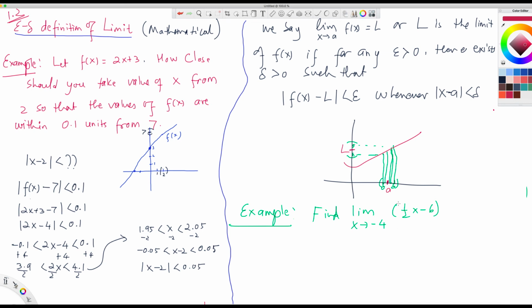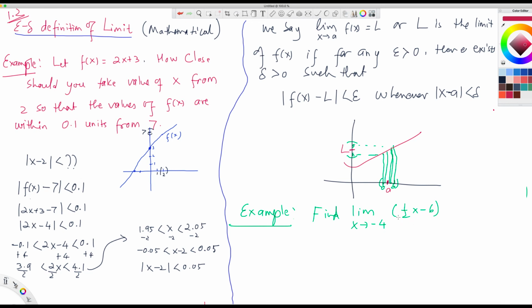We will see that in detail in 1.3. To find the limit, one way is the graph. You draw the graph and check what the height of the function is close to -4, left of -4 and right of -4. Another way is to make a chart, take different values of x close to -4 and see what you get for y, that is f of x.